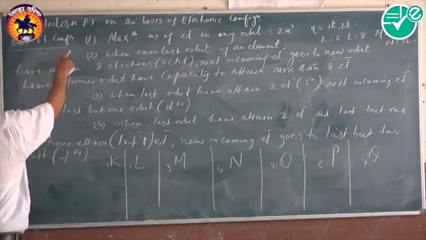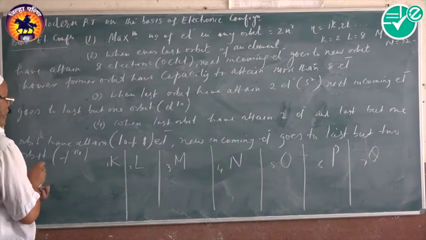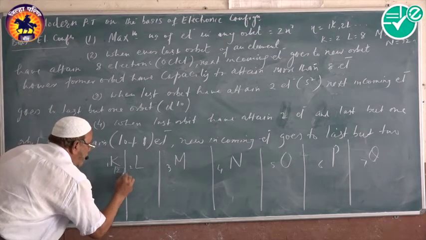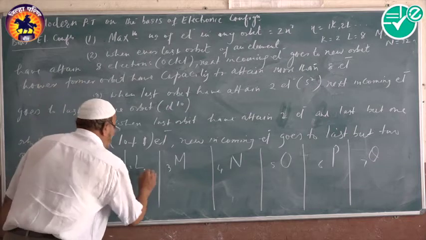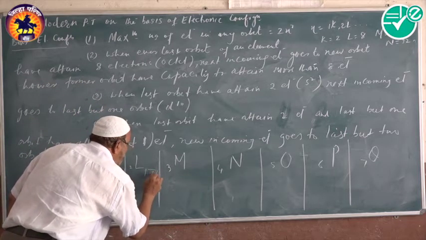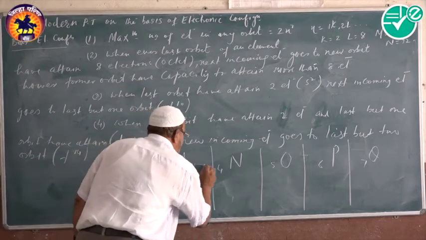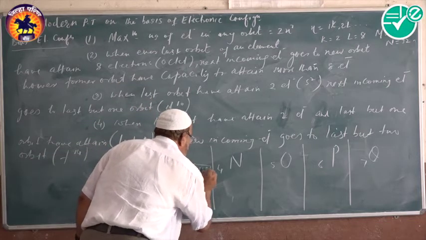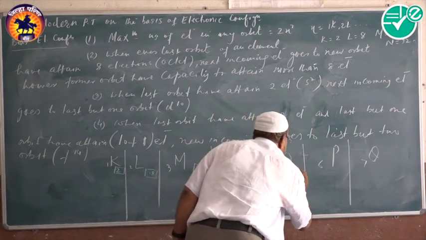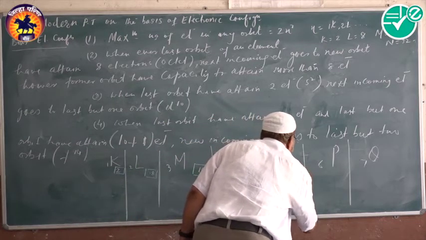According to rule number 1, the maximum number of electrons in orbit number 1 is 2, orbit number 2 is 8, and orbit number 3 is 18, and so on: 32, 50, 72.